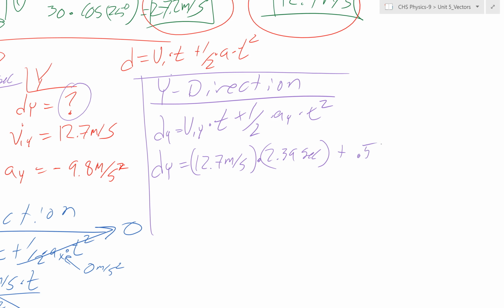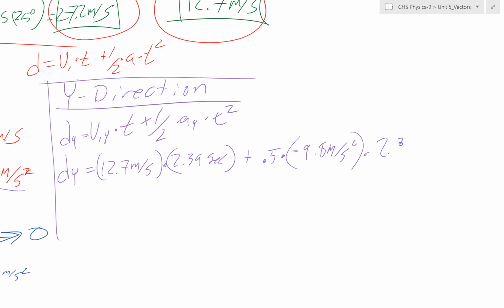Plus 0.5 is the same as 1/2 times the acceleration in the y direction is negative 9.8 meters per second squared. And then times the time, which is 2.39 seconds. But we have to square that because of this right there.